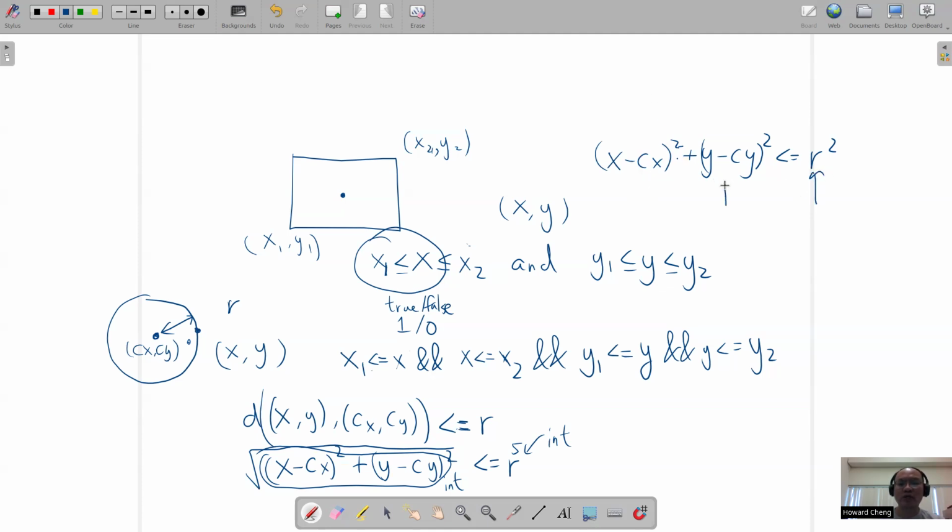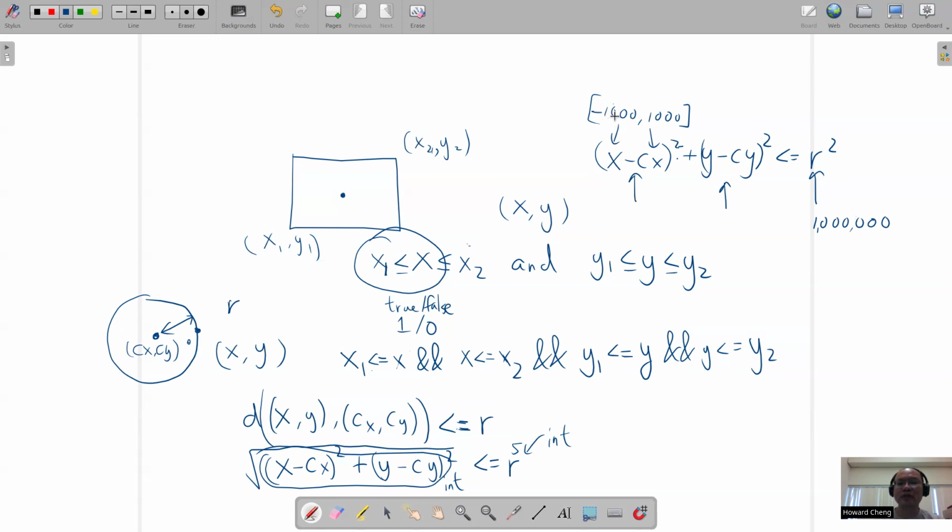Well, we know that x and cx are between negative 1,000 and 1,000, and r is at most 1,000. So r squared is at most 1 million, which is well within the range of a normal 32-bit integer.